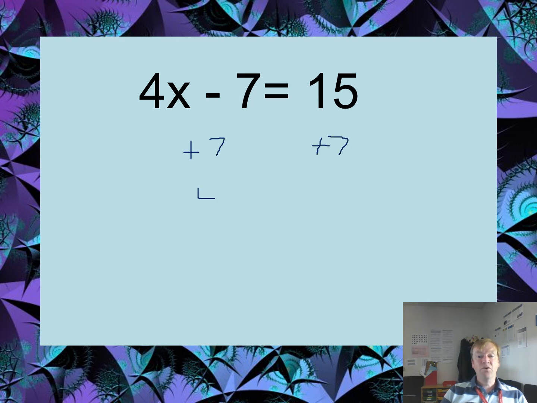I get 4x equals 22. And then divide by the 4. Tricky sum this. 4 doesn't really go into 22, not easily anyway. I'm going to get x equals 22 divided by 4. You can check on the calculator. It actually equals 5.5.